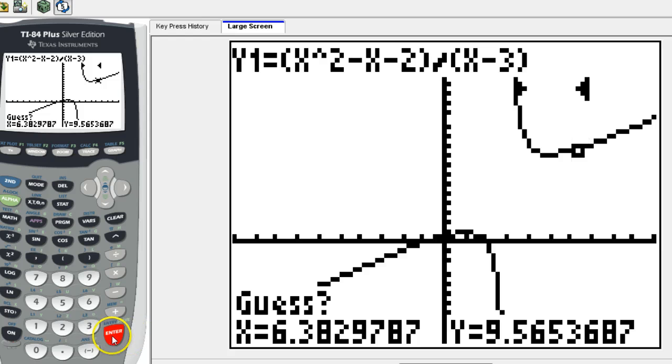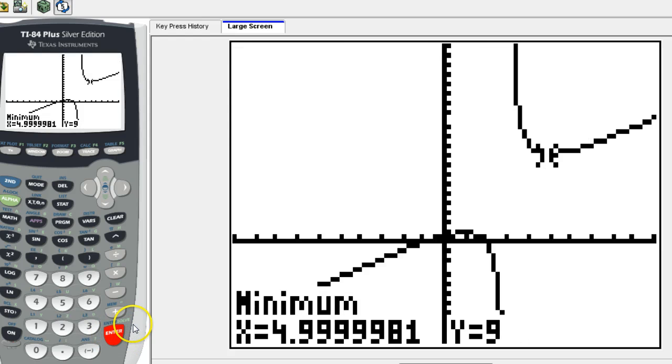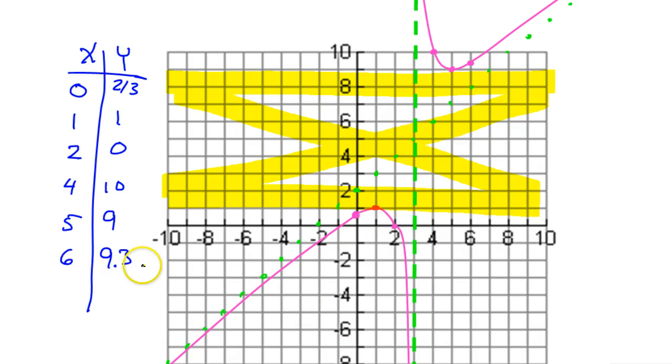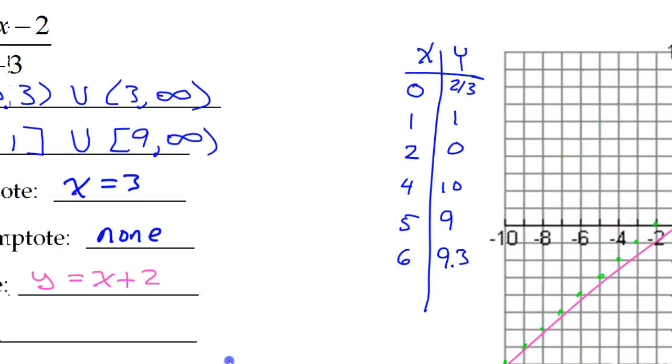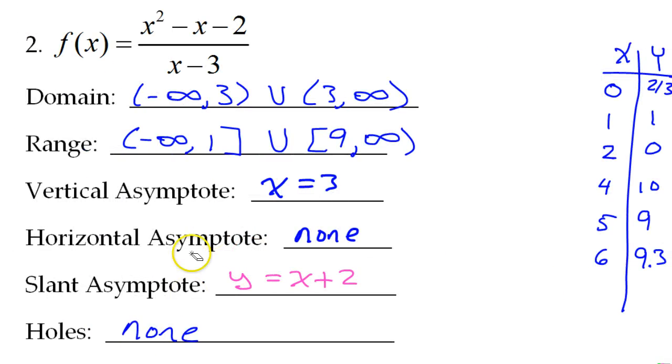Then when it says guess, I'm just going to hit enter again. Okay, so the minimum seems to be at 5, 9. So it actually was what it appeared to be, which doesn't always work out that way, but that actually is the local minimum, so that's nice. Alright, now I can sleep at night knowing that I'm not actually just estimating.